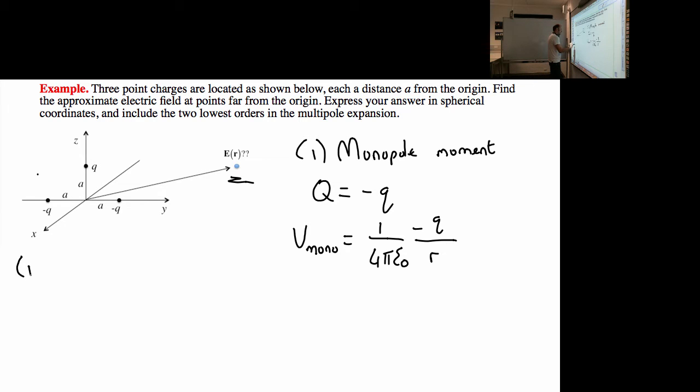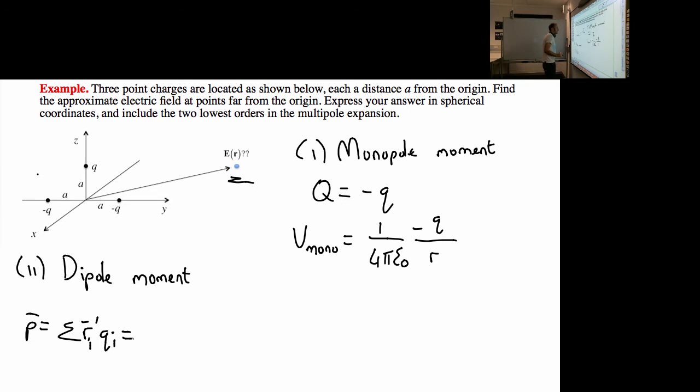Now for the second bit, what we're going to do is determine what the dipole moment is. And that's going to have a contribution from each of those charges. Okay, so our dipole moment is essentially just going to be a summation of R prime by the charge.